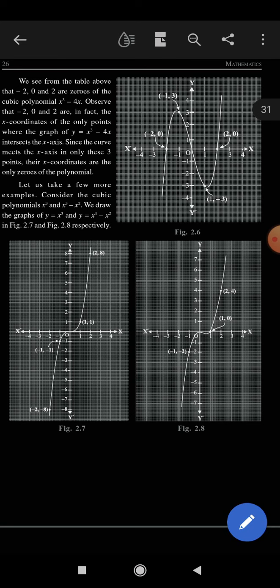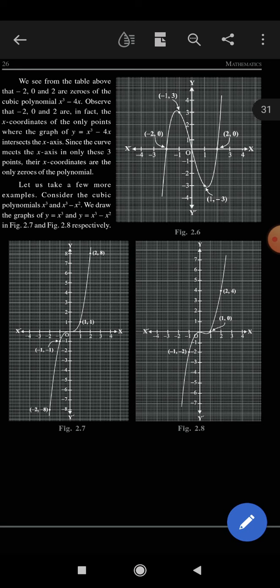Observe that minus 2, 0 and 2 are in fact the x coordinates of the only points where the graph of y is equal to x cube minus 4x intersects the x-axis. Since the curve meets the x-axis in only these three points, their x coordinates are the only zeros of the polynomial.